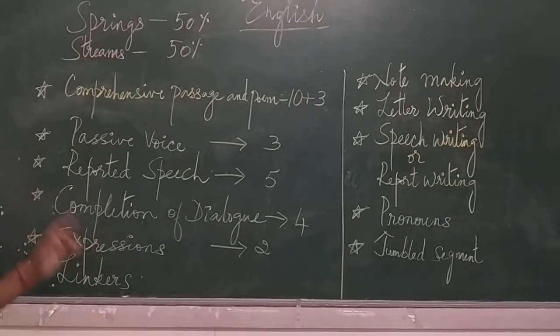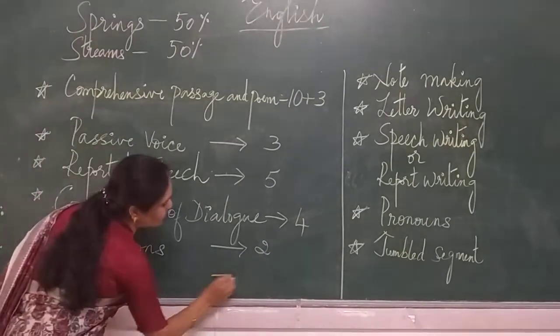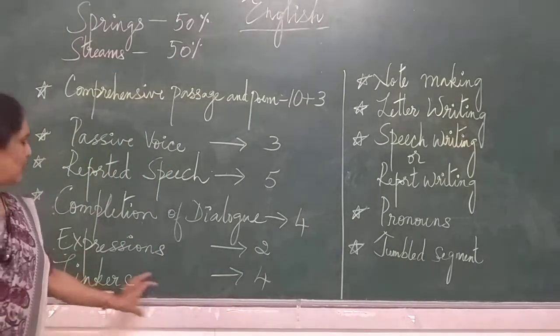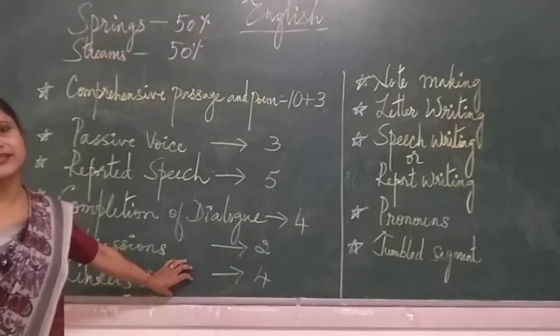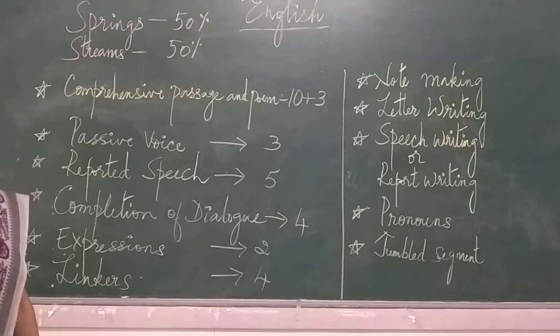It is just like filling in the blanks. Next one is linkers. For linkers you have again 4 marks. Linkers are nothing but conjunctions. We'll deal with that later on.